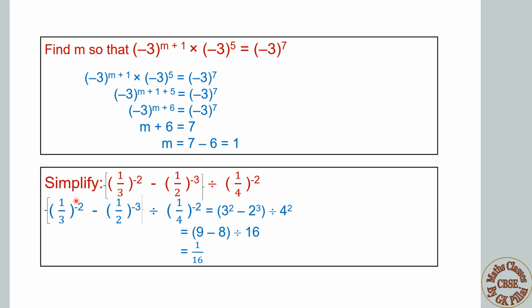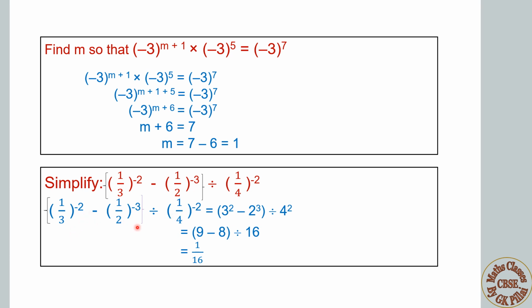Another one, simplify 1 by 3 raised to the power of minus 2 minus 1 by 2 raised to the power of minus 3. Now the whole thing is in a bracket. Then the division sign 1 by 4 raised to the power of minus 2. Now what happens? When you write this one within the bracket, this will become 3 raised to the power of 2.